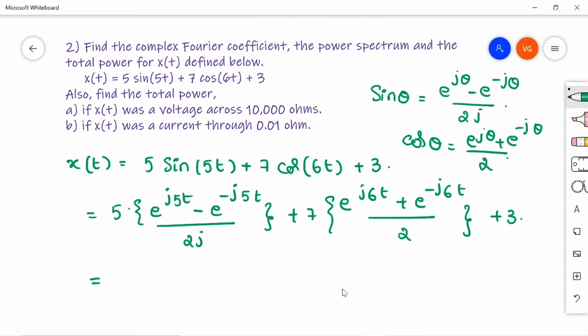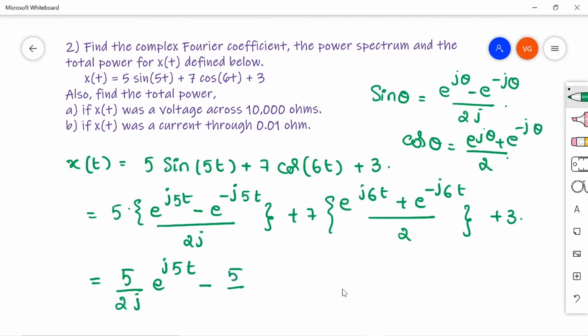Now you can further simplify and write this as 5 by 2j e power j5t, which is nothing but omega naught t, or j5t.